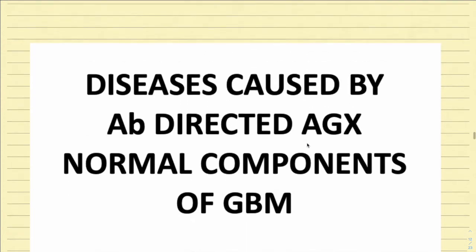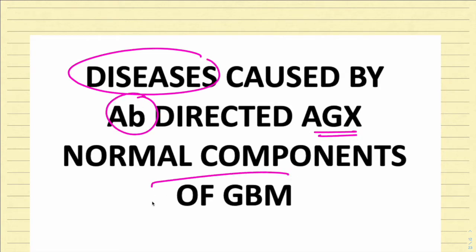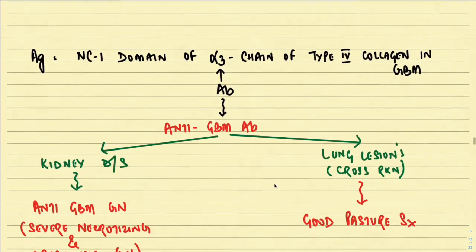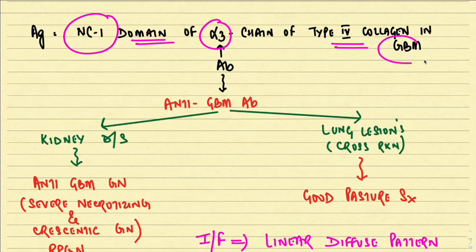Now the second very important mechanism of injury to the glomerulus is exemplified by the diseases caused by antibodies directed against normal components of the glomerular basement membrane. Over here, the antigen is the non-collagenous NC1 domain of the alpha 3 chain of type 4 collagen in the glomerular basement membrane.